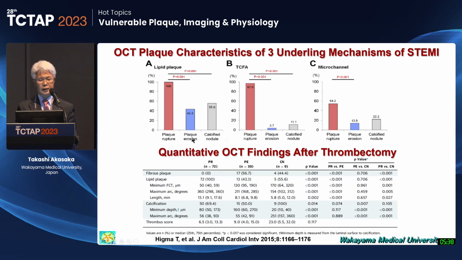In erosion, lipid plaque is significantly lower, and TCFA is significantly lower, as I already explained. So based on these data, even if plaque erosion demonstrates a lipid plaque, the total lipid content might be a little bit lower compared with a lipid-rich plaque with plaque rupture.